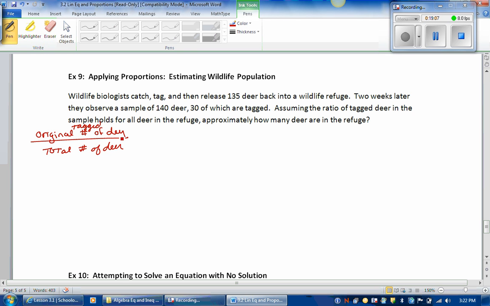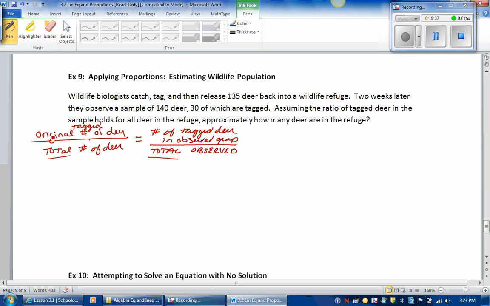And that's going to be equal to the number of tagged deer in the observed group over the total observed. So notice it's total on both in the denominator and number in the numerators, right?